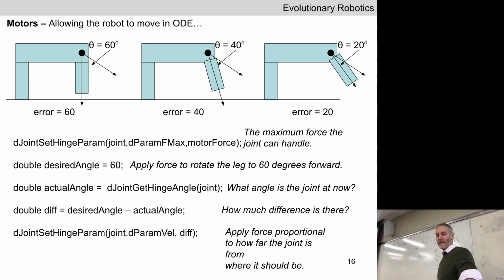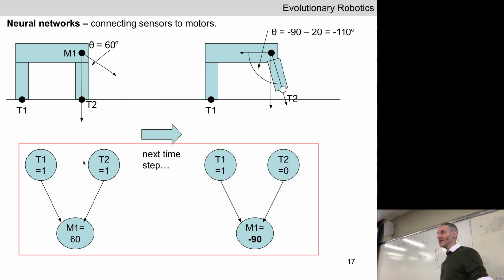So far, so good? As we just saw, that causes torque to be applied at the shoulder, which causes the front leg to rotate off the ground, which at the next time step shuts this touch sensor off, right? So in robotics, we talk about sense, think, act. Here's sense: 1 times 30 plus 1 times 30 equals 60.